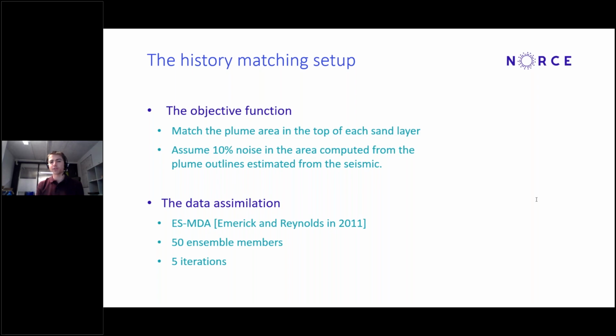For the data assimilation, we used the ES-MDA, the same as Sarah presented, with 50 ensemble members and 5 iterations. So the main difference between what we did and what Odd and Sarah did is that this is a full 3D model, and we used the area to match instead of the plume outlines.